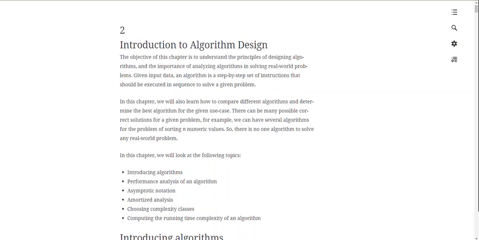It's Cormen, Leiserson, Rivest, and Stein. And those authors wrote the book, if you will, on algorithms and algorithm analysis and design. They wrote it from the perspective of a mathematician. Now, I'm not a mathematician.